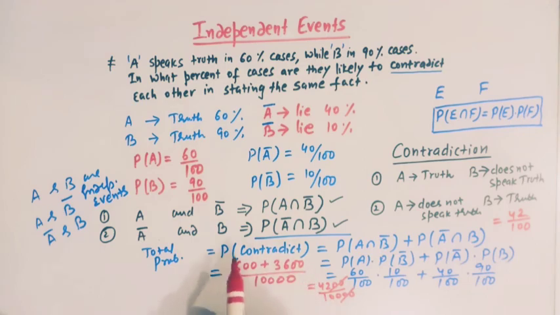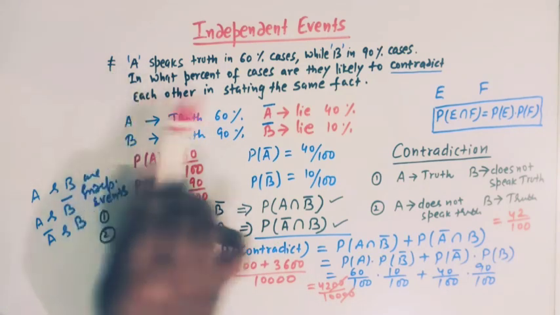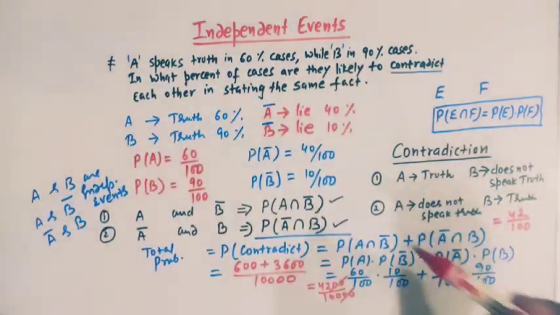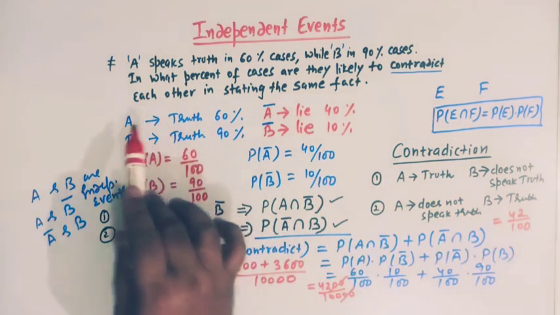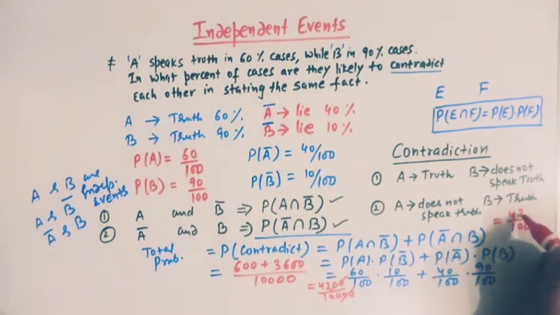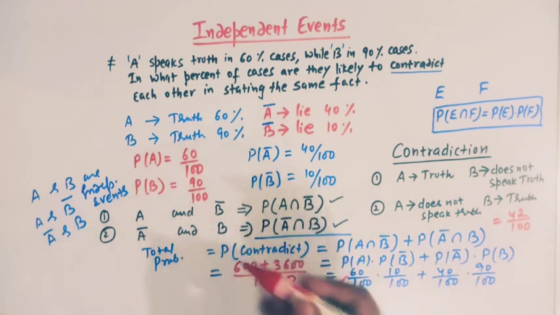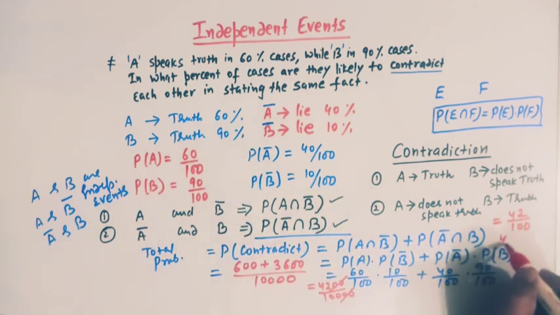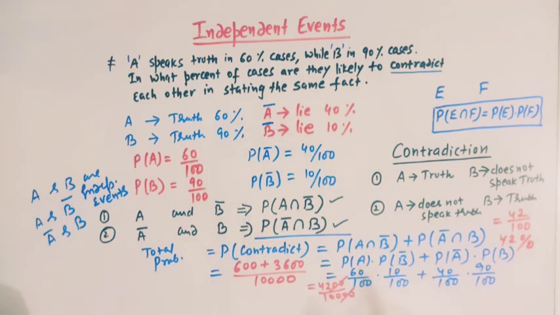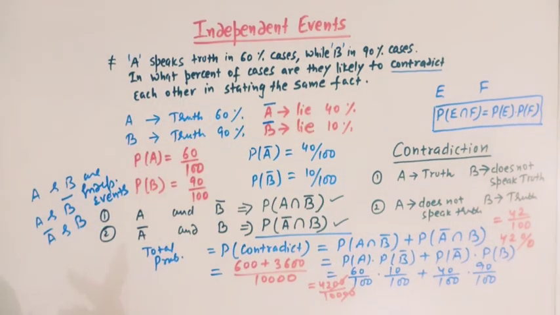So the probability that A and B will contradict each other in stating the same fact is 42 over 100, and in terms of percentage it is 42%. In 42% cases, A and B will contradict each other. So viewers, this is how we solve this problem.